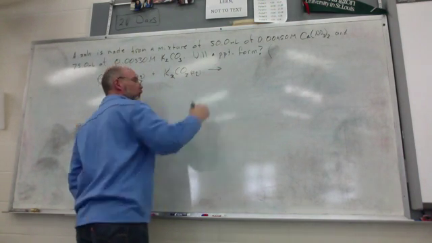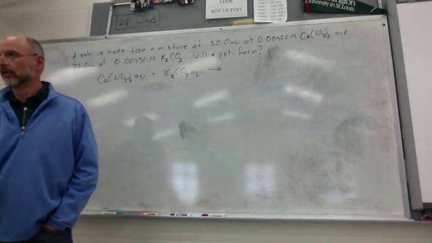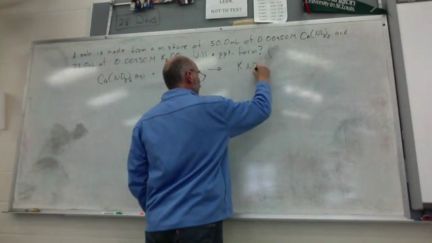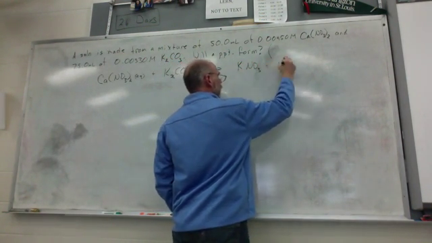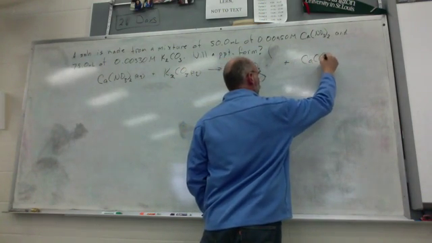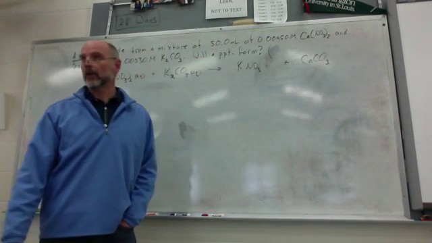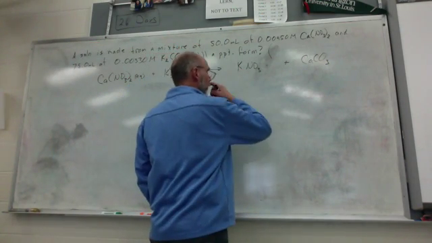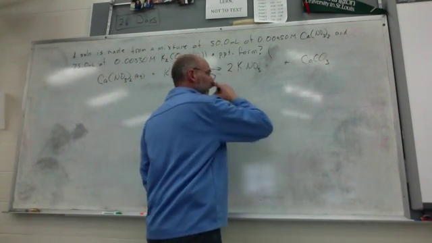What are my products? Potassium nitrate and calcium carbonate. Is there a chance for either of these to precipitate? The calcium carbonate has a chance. The potassium nitrate is completely soluble.